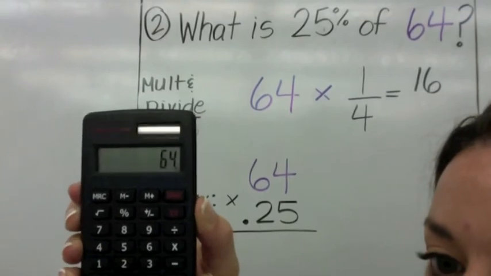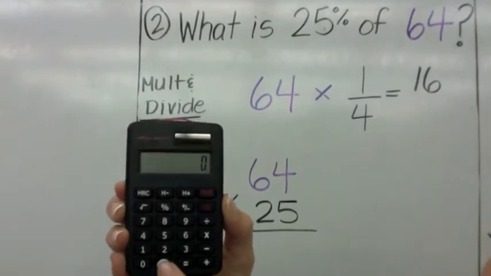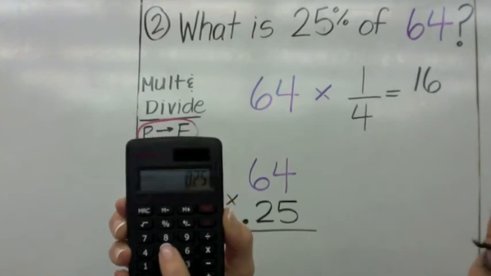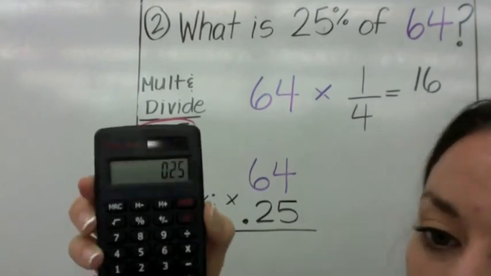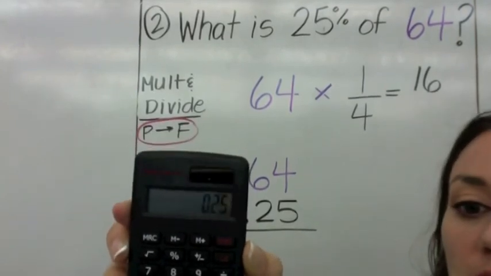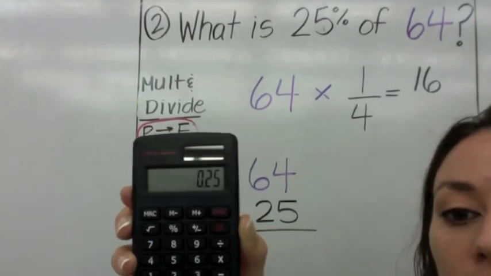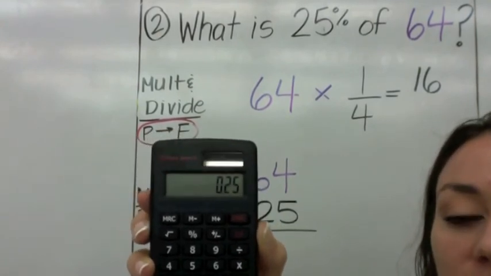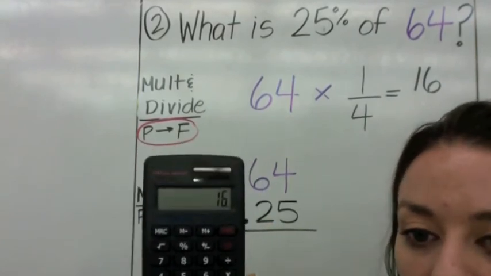You're going to multiply it by 0.25. That says 25 hundredths. Then you're going to press equals, and what should your answer be? What is 25% of 64? It's 16, right? Okay.